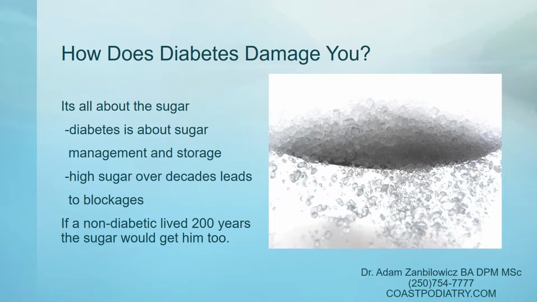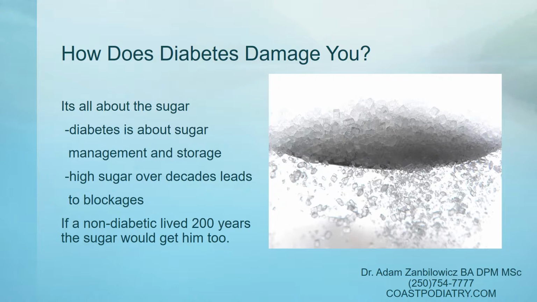You can look at it in many more complex ways, that there are tons and tons of other chemicals, but at the end of the day, what's really happening is the sugar is blocking things, and the things that it blocks are no longer functioning. The higher your sugar, the faster it's blocking things. If you're a diabetic with outrageously high sugar, it'll get you right away that night.